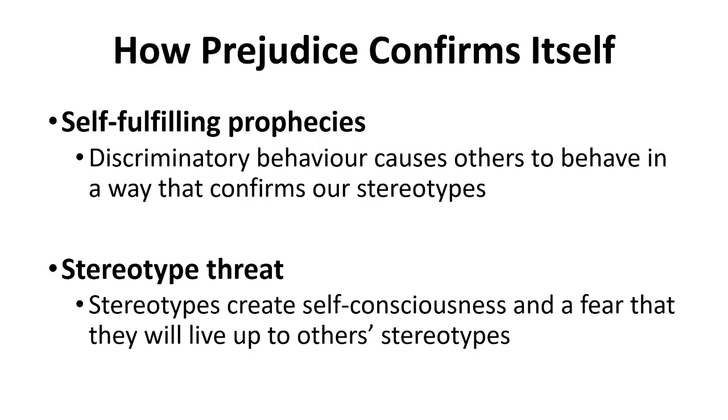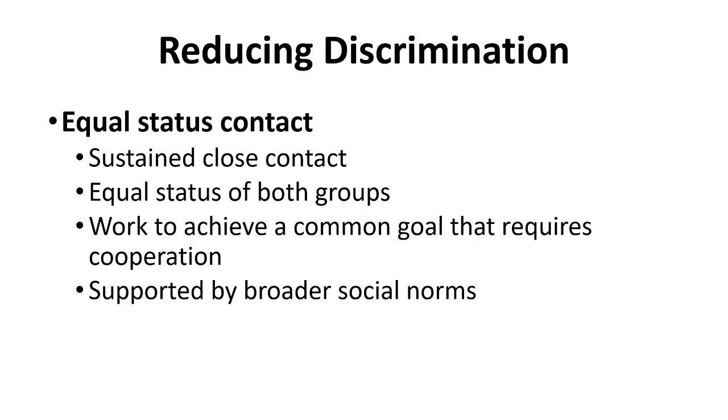If they're part of a group with a stereotype that they're very unintelligent, then maybe they're so worried about coming across as unintelligent that they come across as unintelligent. So there are lots of other factors going on here that can drive and help confirm prejudices and stereotypes.